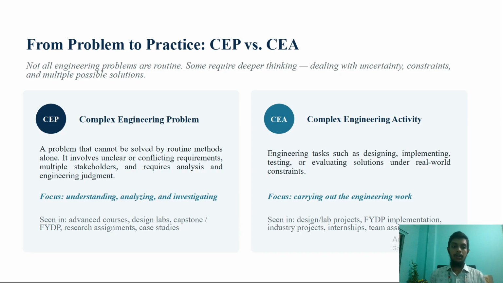First of all, a complex engineering problem is a problem that cannot be solved by routine methods alone. It involves unclear or conflicting requirements, multiple stakeholders, and requires analysis and engineering judgment. So it basically focuses on understanding, analyzing, and investigating.